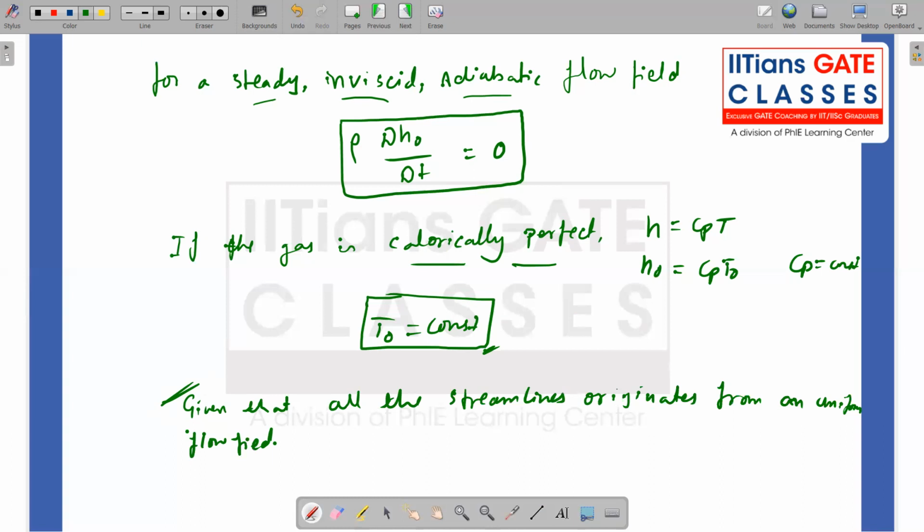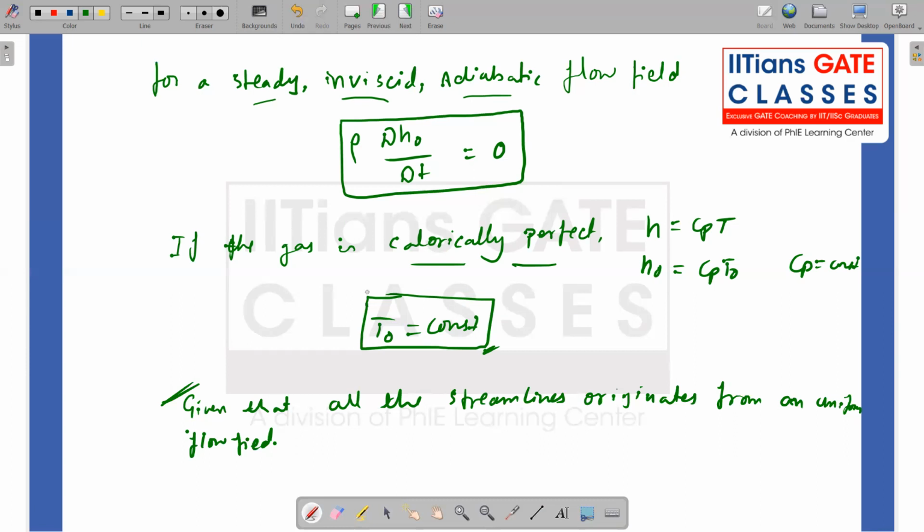If they originate from different sources with different stagnation properties, then my flow field has different stagnation properties along different streamlines. We should not get confused with this.